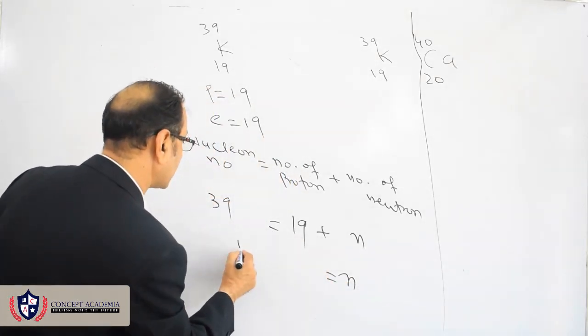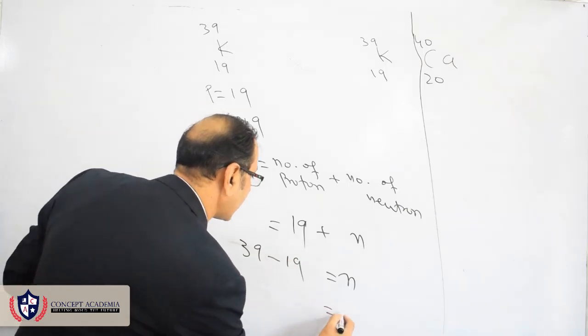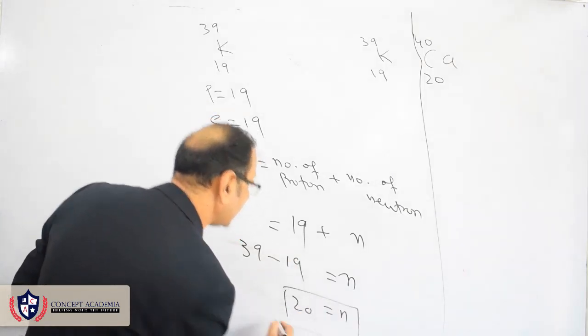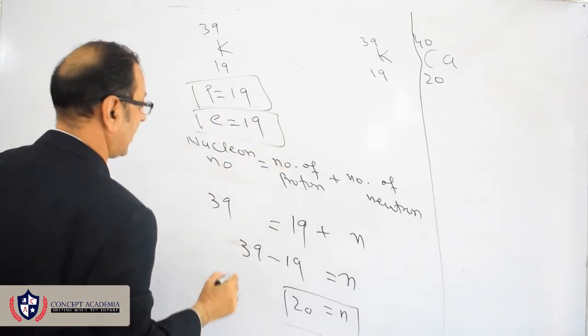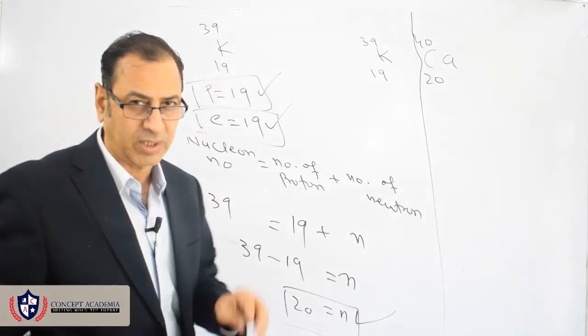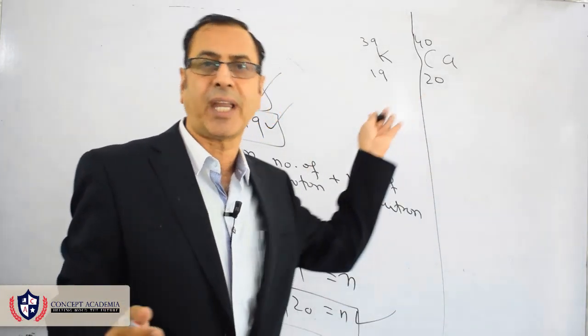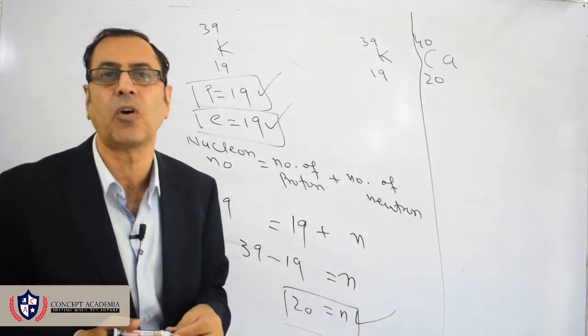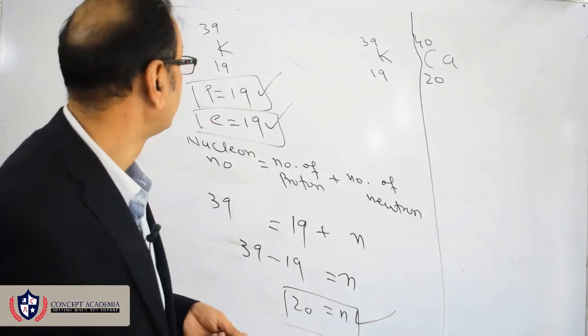So the number of neutrons is 39 minus 19, and they are 20. So this is the number of protons, this is the number of electrons, and this is the number of neutrons. So this is how, very simply and with the most ease, you can find the number of protons, number of electrons, and number of neutrons in any atom.